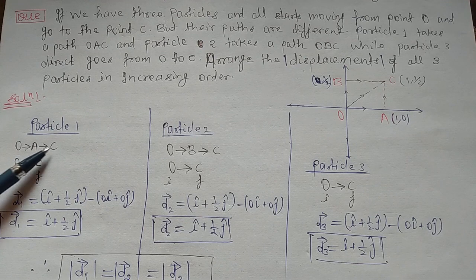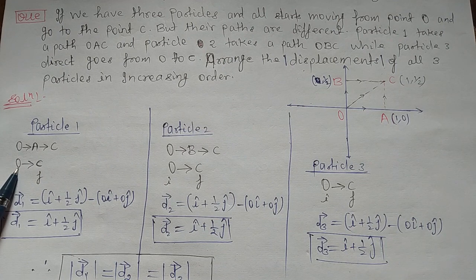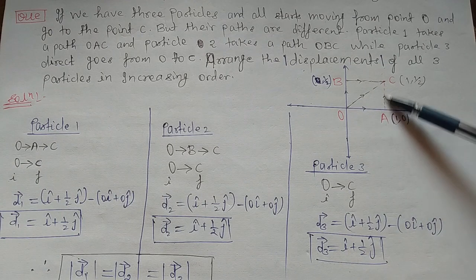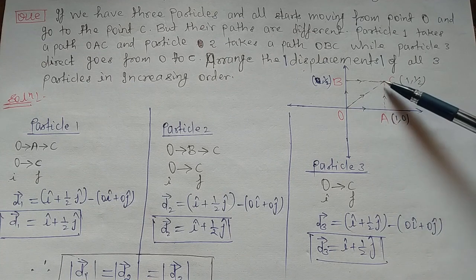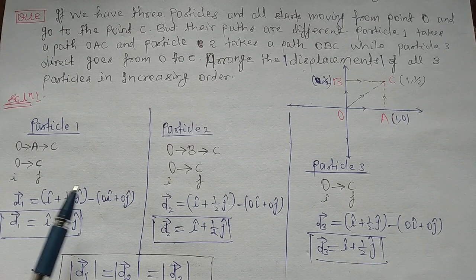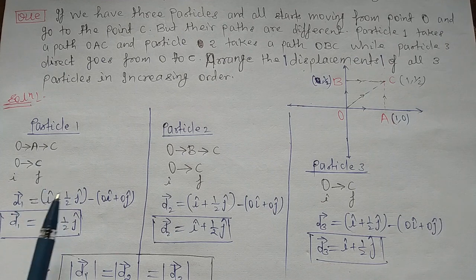The initial position is O and the final position is C. So the displacement of particle 1, D1, is equal to final position minus initial position.